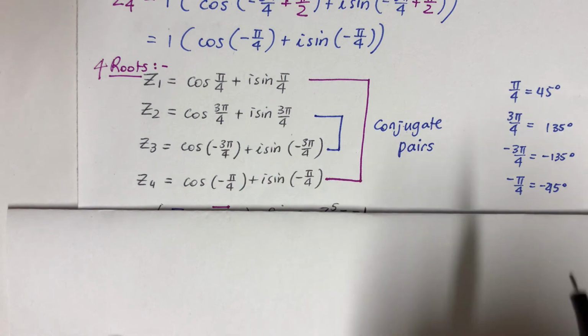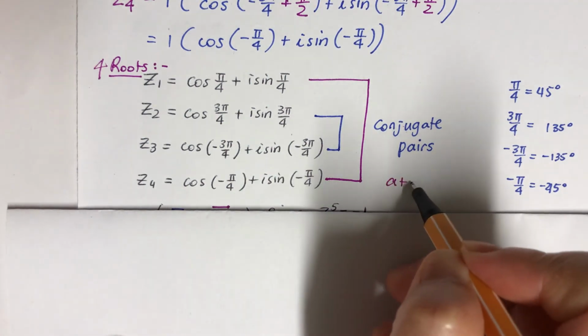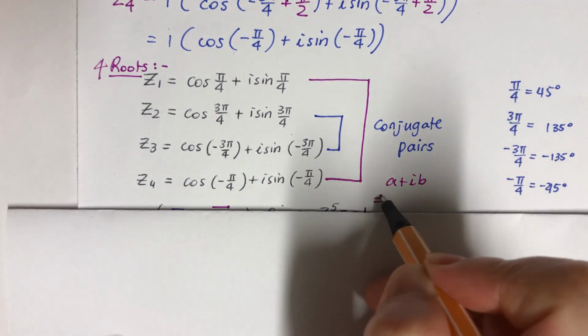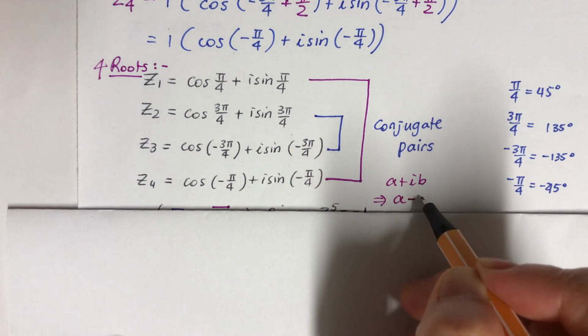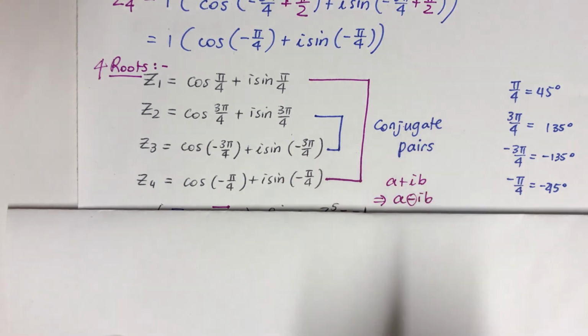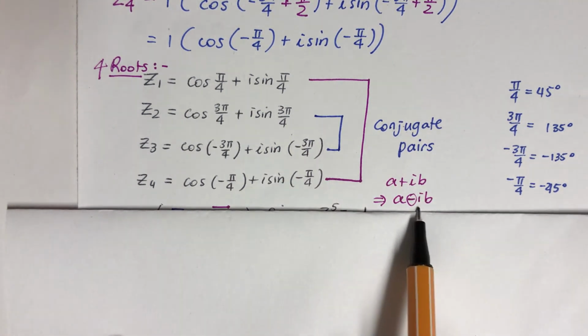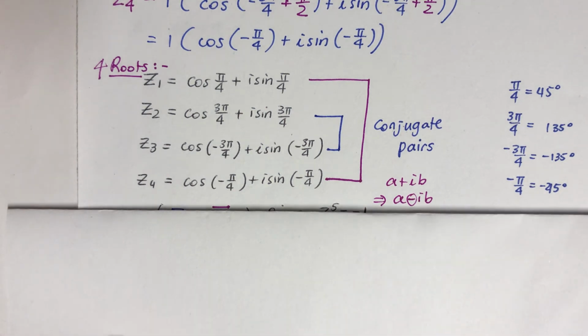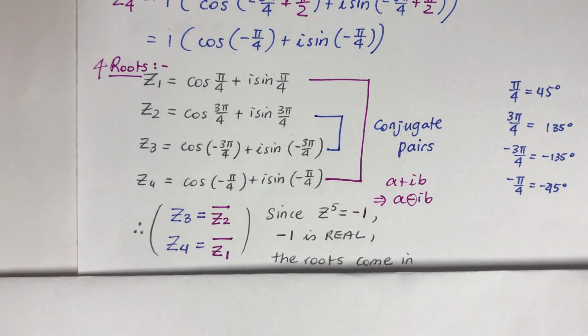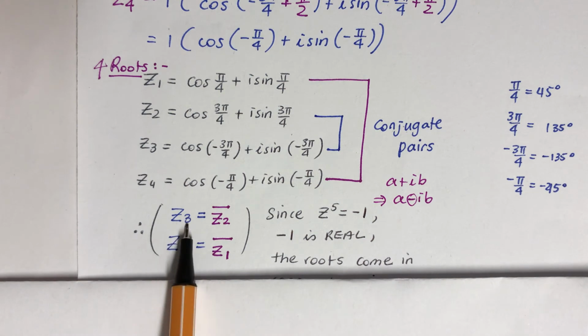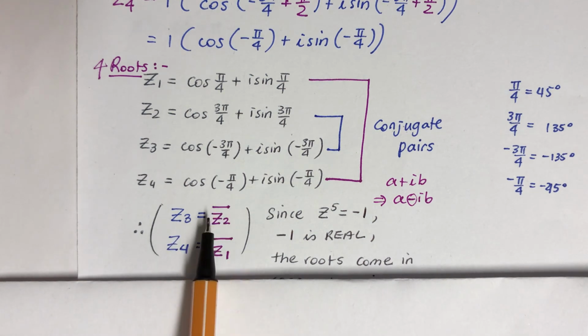Do you remember conjugate pairs? A plus ib has the conjugate pair a minus ib, so it's always the sign of the imaginary part that changes. So I can write z3 equals the conjugate of z2, and so on.